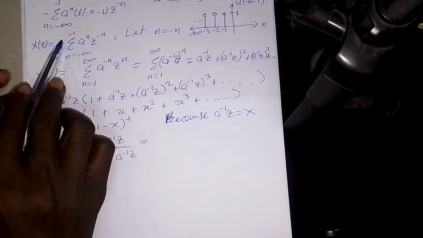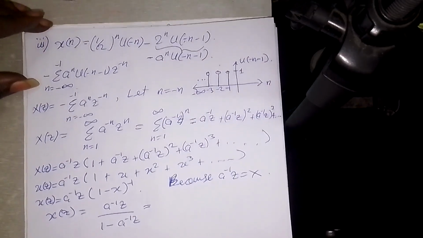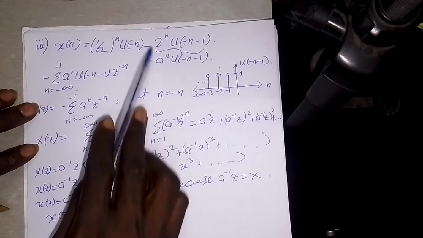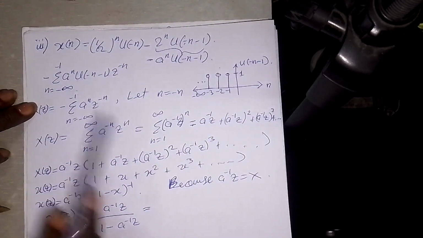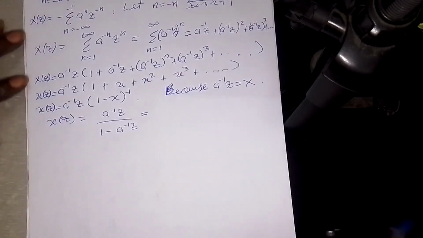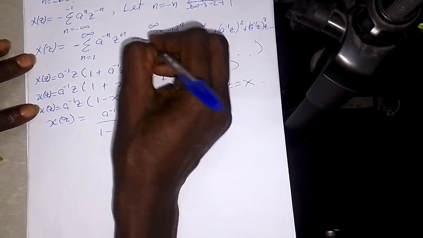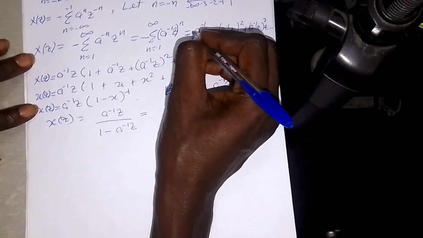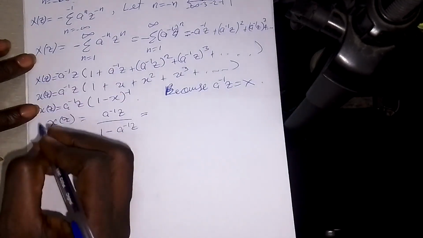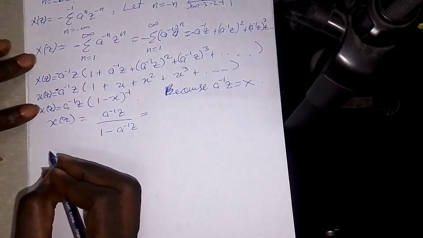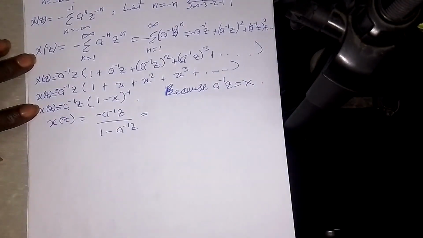You see that there was a minus here, which I brought here. So going forward, it has to come here, and here, and here, and here. It has to appear everywhere.